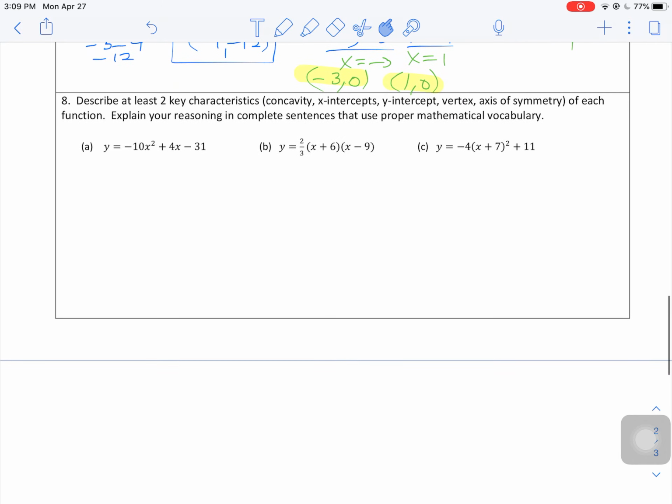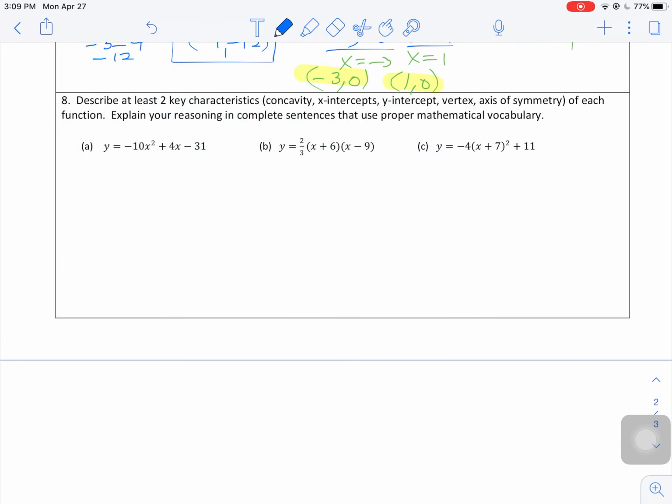Number 8. Describe at least 2 key characteristics of each function. Explain your reasoning in complete sentences that use proper mathematical vocabulary. So on all of these problems, you definitely want to mention the form you're in order to get the point across about which key features you can find easily.